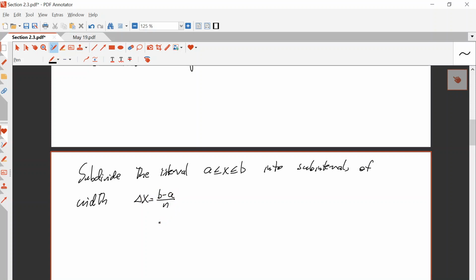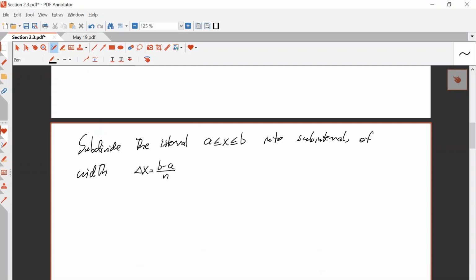At each x_i, say that n is large. Of course, you're going to let n go to infinity in the end, so we think of n as a large number. The idea doesn't really come through when n is a small number.